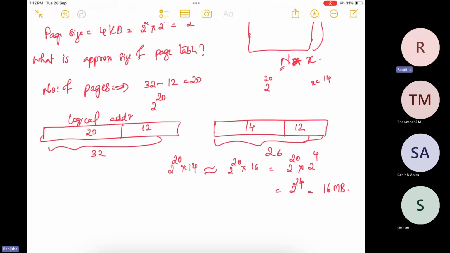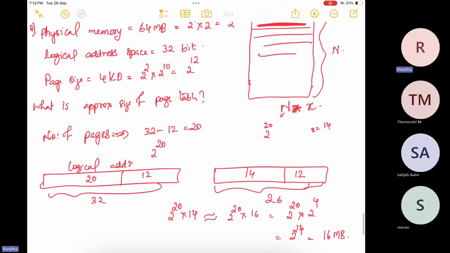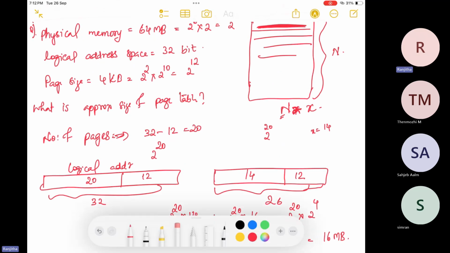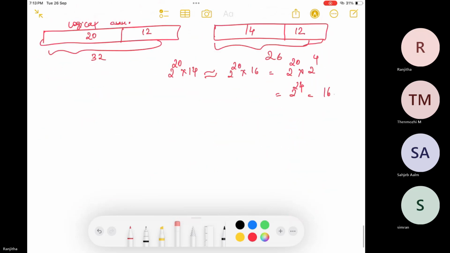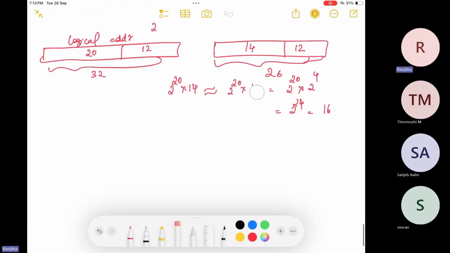Oh, no, I can't write it as MB because this is in bits, right? This 16 is bits.